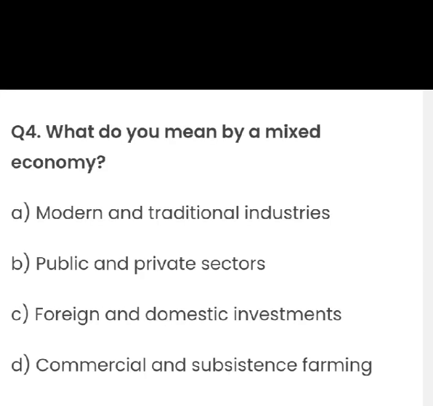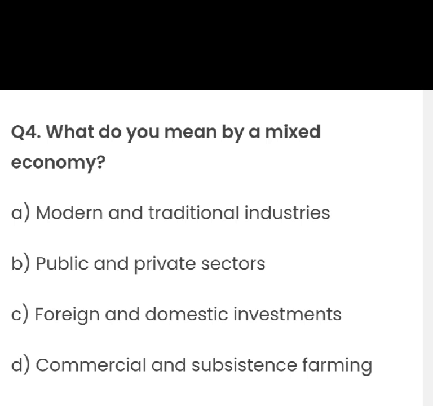Question number 4 is given here. What do you mean by a mixed economy? Option A is modern and traditional industries. Option B is public and private sector. Option C is foreign and domestic investment. And option D is commercial and subsistence farming.